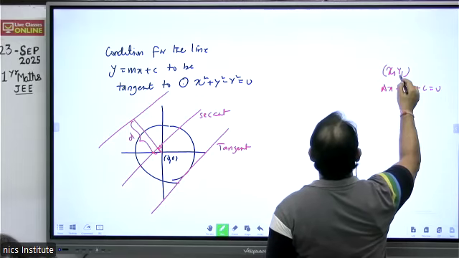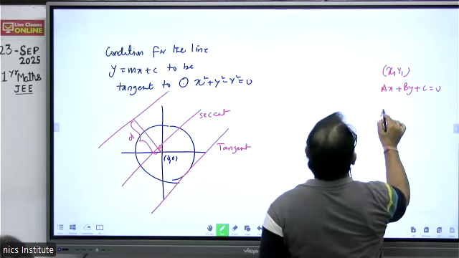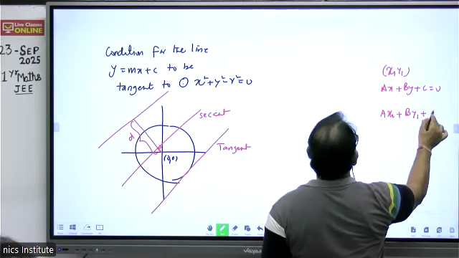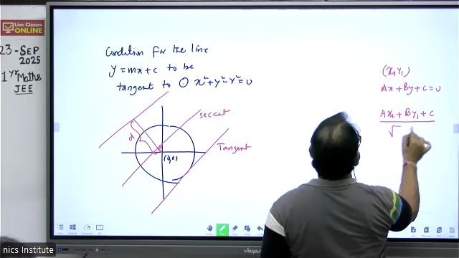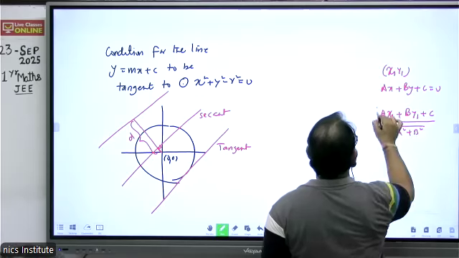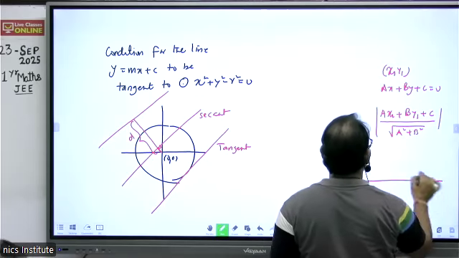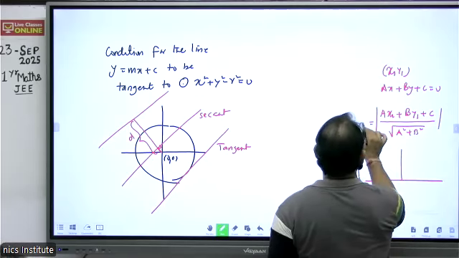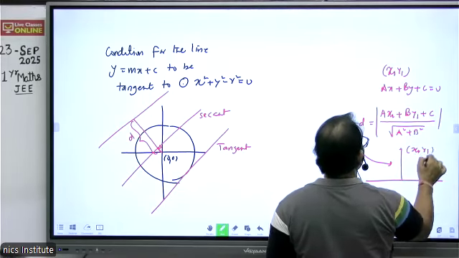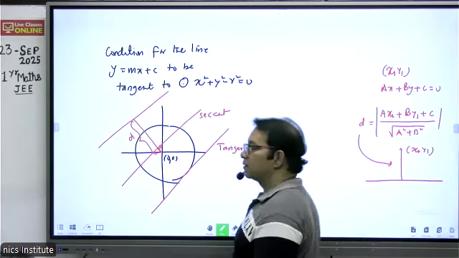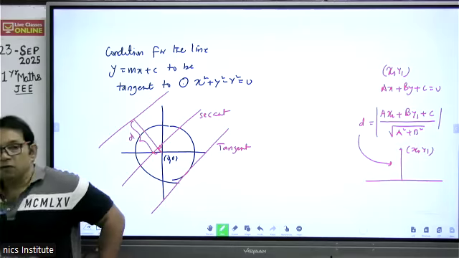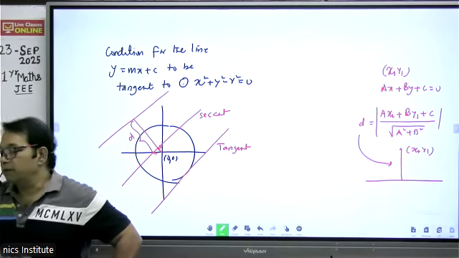If there's a point x1, y1 and there's a line, all you have to do is replace x by x1, y by y1 and divide by root a square plus b square. This gives you perpendicular distance between a point and a line. This is the formula for perpendicular distance between a line and a point. Then go through the notes of straight line.